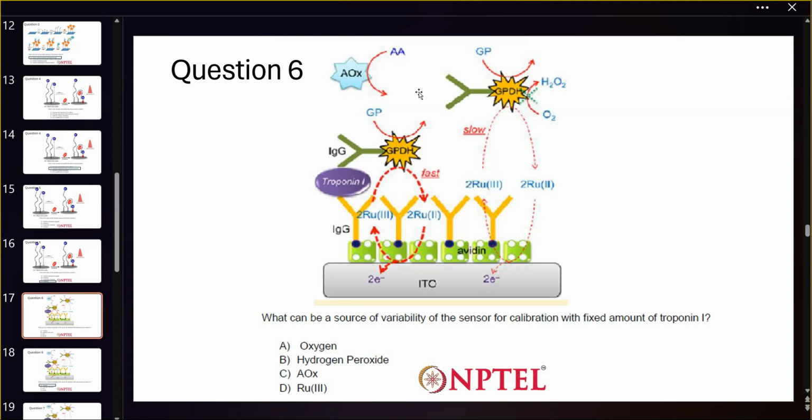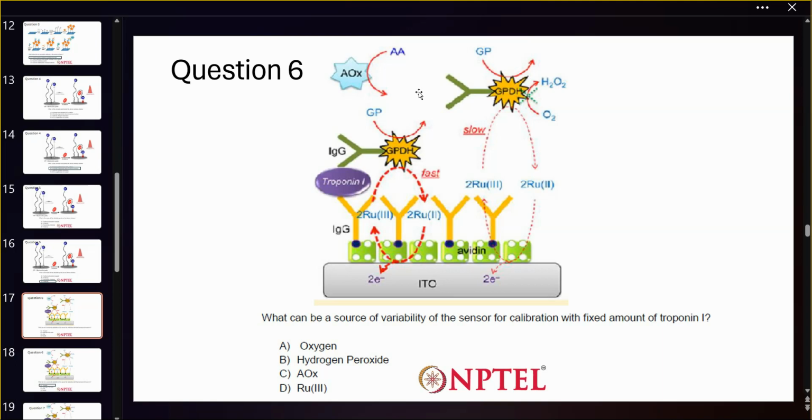So that cannot be a source of variability in the sensor, because AOX is also not having any redox reaction byproduct in this entire reaction. So AOX is not a source of variability.